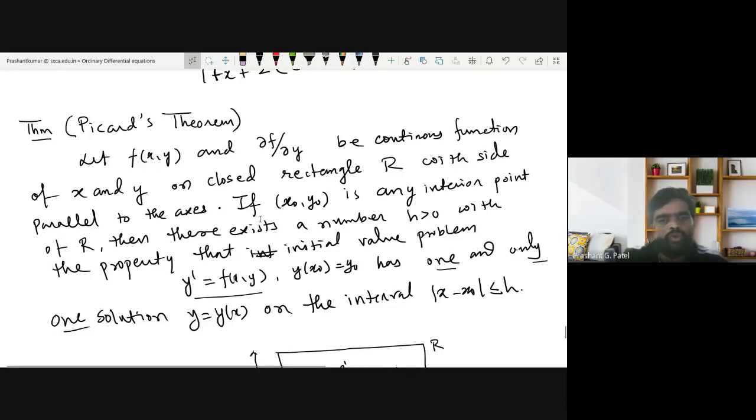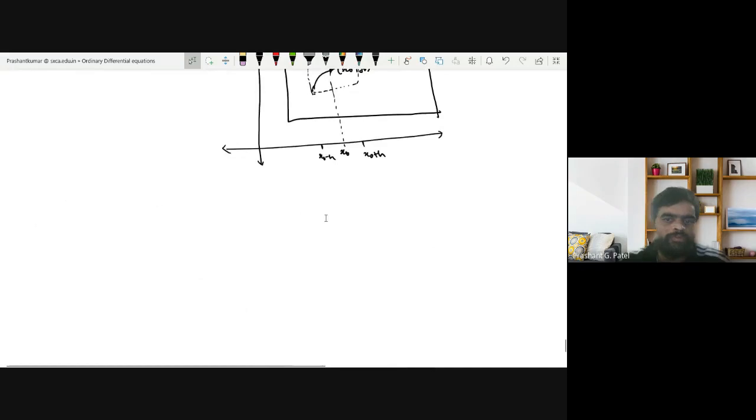So we know that the solution of the equation 1, I'll call it equation 1, is also a continuous solution of the integral equation, which we have discussed also in the Picard's approximation method.